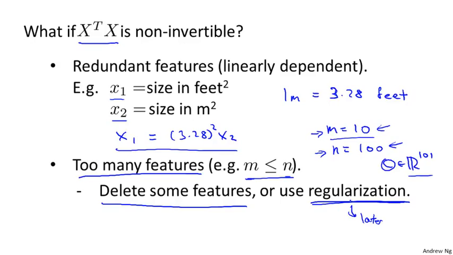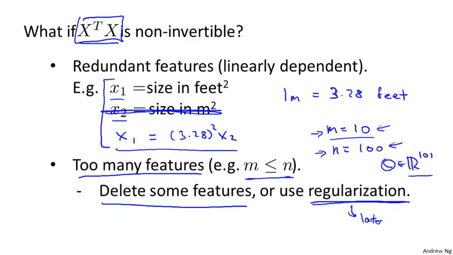To summarize, if you ever find that X transpose X is singular, or non-invertible, what I would recommend is first look at your features and see if you have redundant features, like x1 and x2 being linearly dependent, a linear function of each other. If you do have redundant features, you really don't need both of them.